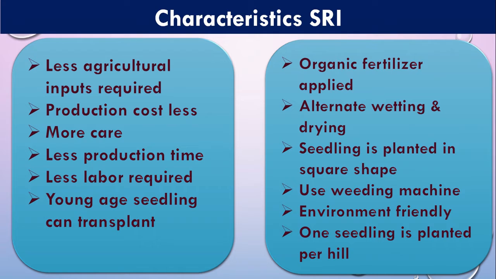Seedlings are planted in a square shape, a weeding machine is used to remove weeds, it is environmentally friendly, and one seedling is planted per hill. The summary of this SRI method is that production cost is less, labor cost is less, but production is more.